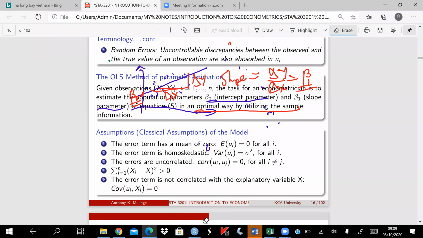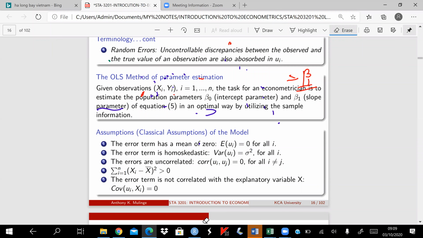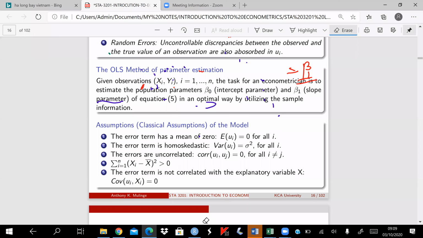Now there are some assumptions that I want us to mention. There are some assumptions of the OLS model, usually called the classical assumptions. Number one is that the error term has a mean of 0. The mean is called the expected value in the context of probabilities.